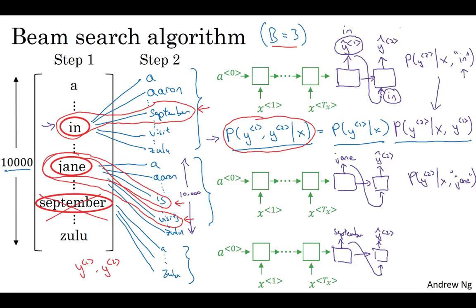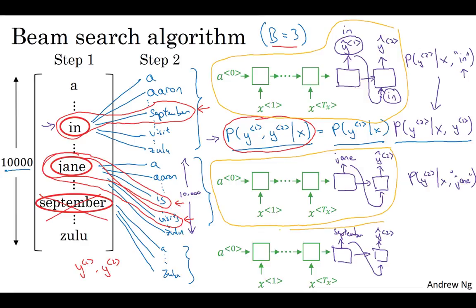Before going on to the third step of beam search, just want to notice that because the beam width is equal to 3, at every step you instantiate 3 copies of the network to evaluate these partial sentence fragments and the output. And it's because the beam width is equal to 3 that you have 3 copies of the network with different choices for the first word.